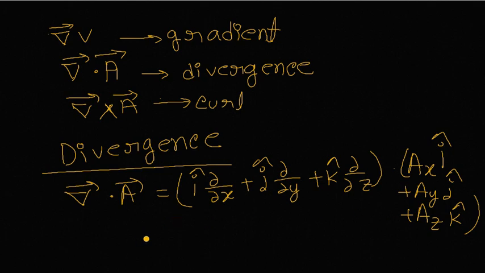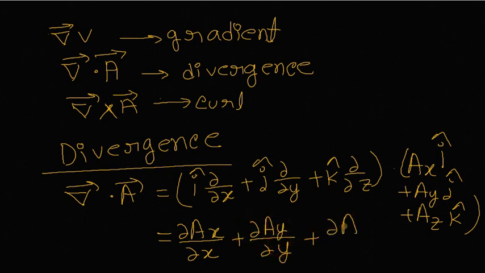If we take the dot product of these two values, we can write this as del ax/del x plus del ay/del y plus del az/del z.